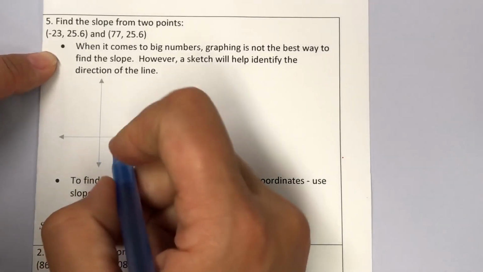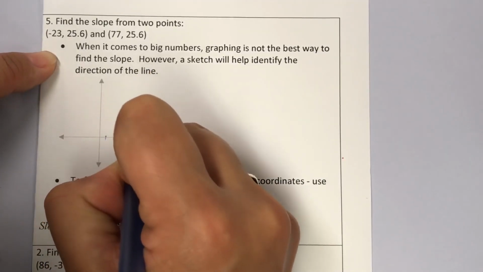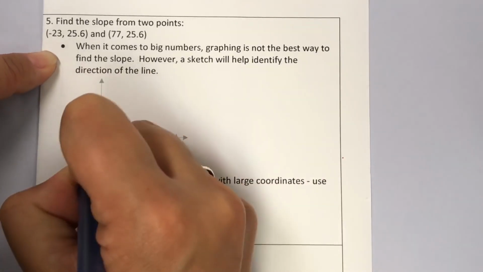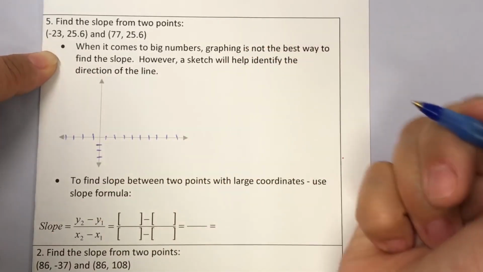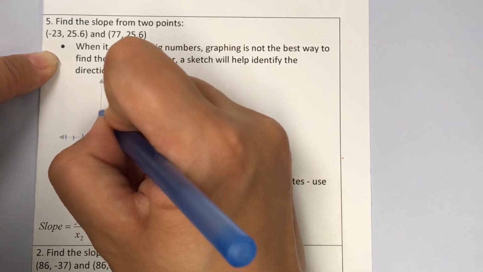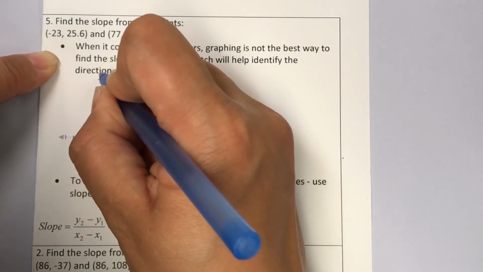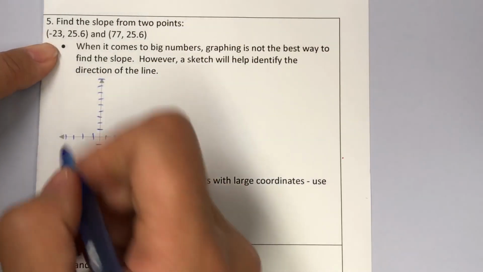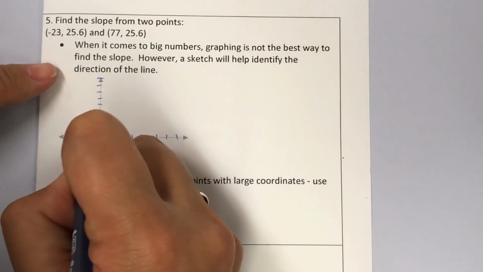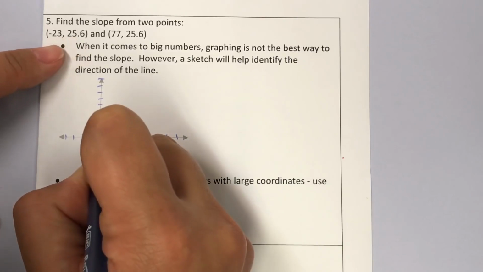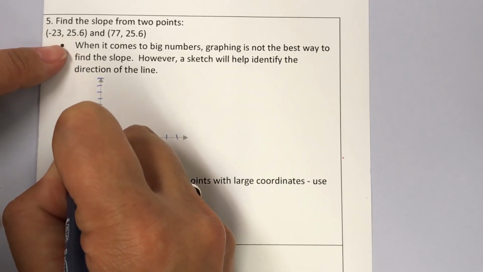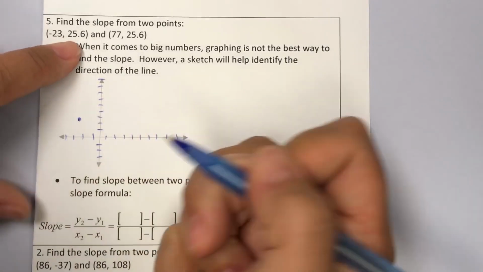Let's say I go by tens: 10, 20, 30, 40, 50, 60, 70, 80, 90, and down 10, 20. So up 10, 20, 30, 40, 50, 60, 70, 80. And then I try to sketch this to see the location. So -23, and then 25.6. So -23, and 25.6.